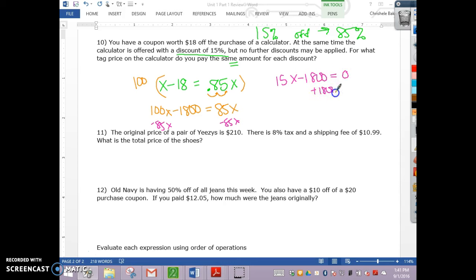Then I'm going to add 1800 to both sides, and I get 15x equals 1800. Dividing by 15 is 120.